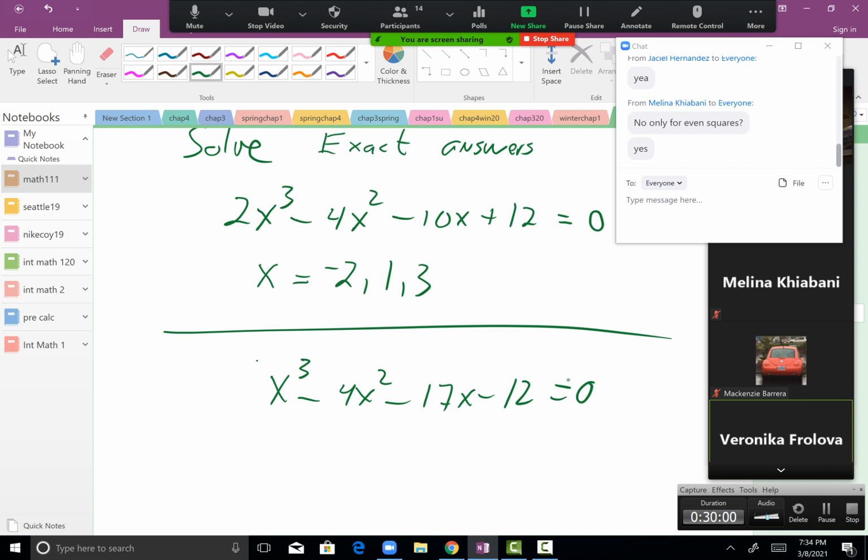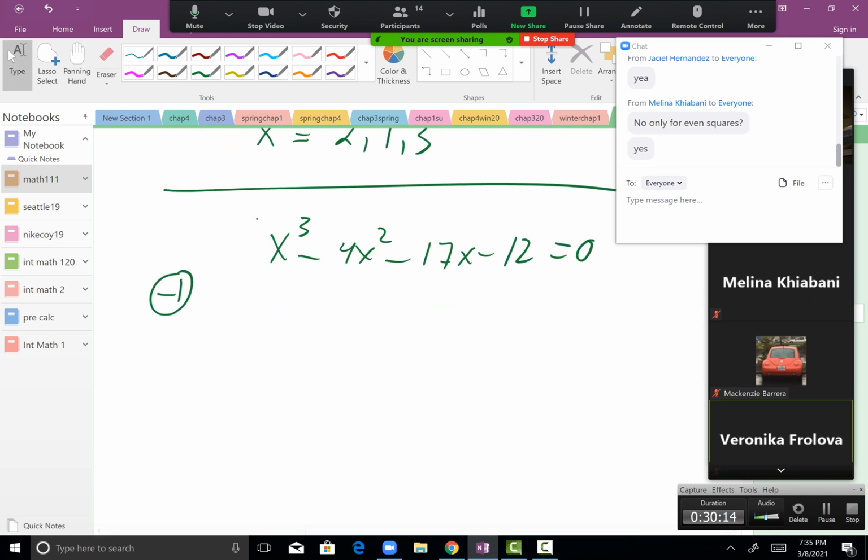Okay, so -1 is the one we're going to pick. So those other ones, it's not exact. So we're looking for an exact solution. So here's what we're going to do. We're going to take this here and we're going to use synthetic division with -1.